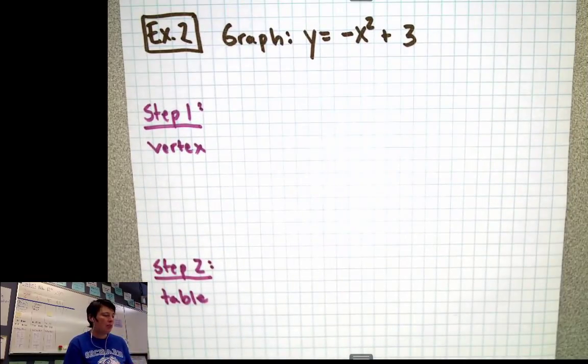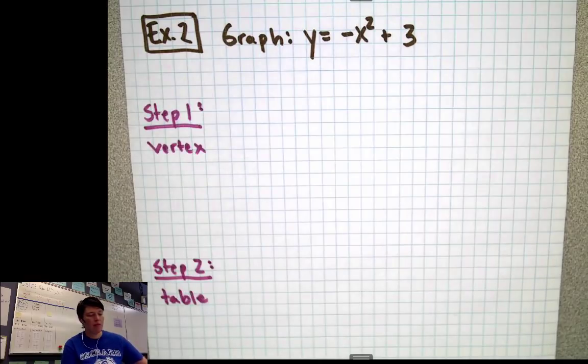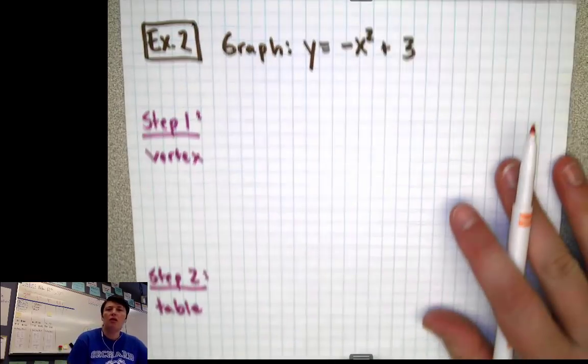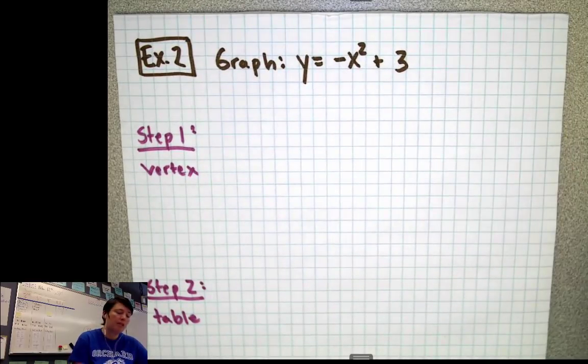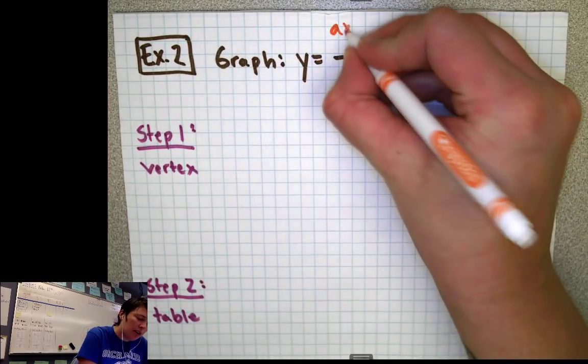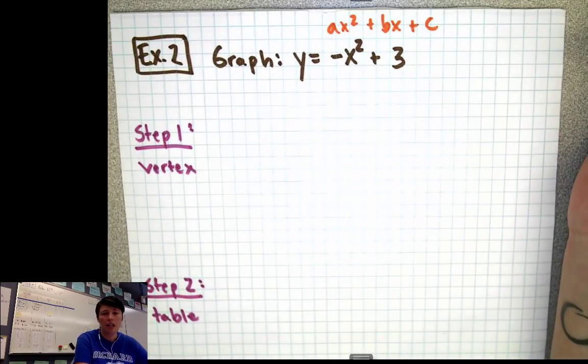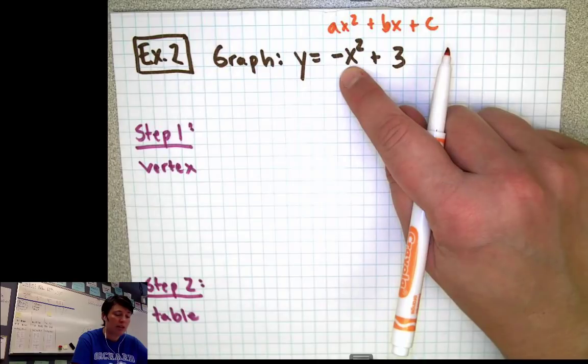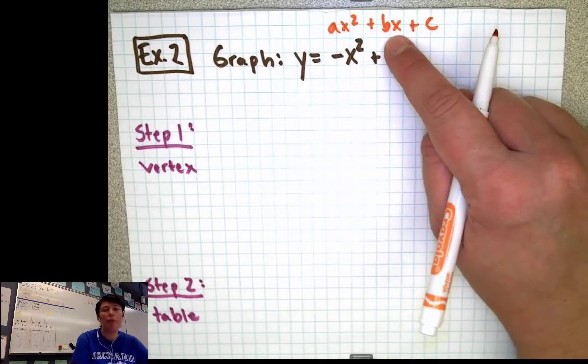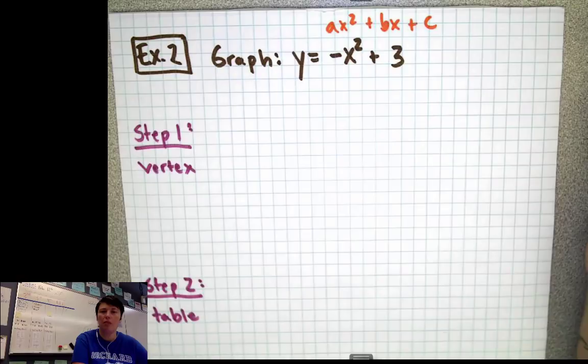Before I can jump into my work here, I want to remember that for the vertex, I need to know my ABCs. So I need to know what this quadratic equation is doing. And my standard form is ax squared plus bx plus c. So this one's a little tricky because I see the ax squared and I see the plus c. There's actually no bx. There's no x in the middle of this one.